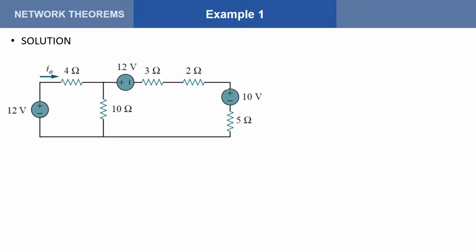So we brought down the number of loops from 4, and now it's just 2 loops. Notice that we did not touch this portion, so it's a voltage source in series with the resistance, because this will affect our parameter I sub naught.